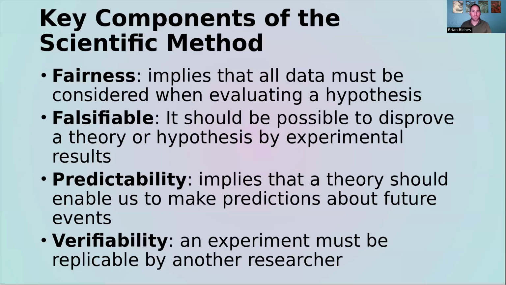Another component of science and the scientific method are these 4 key things. We need the studies to be fair, so we need to include all the relevant data when evaluating hypotheses. This is one thing that we've unfortunately seen recently give a bad view to psychology: a lot of older studies of people who have recently passed away have been gone through.